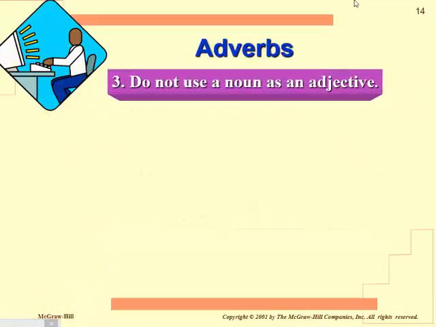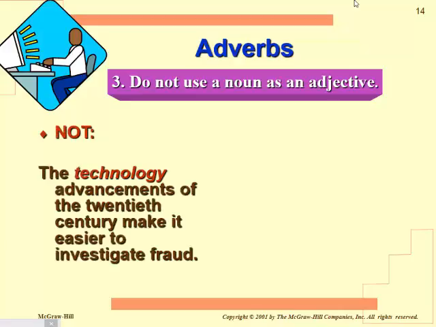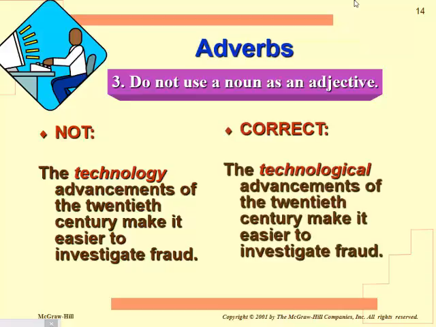Third, do not use a noun as an adjective, like the technology advancement of the 20th century makes it easier to investigate fraud. The word technology is a noun, so you cannot use technology here, but you must use the word technological.